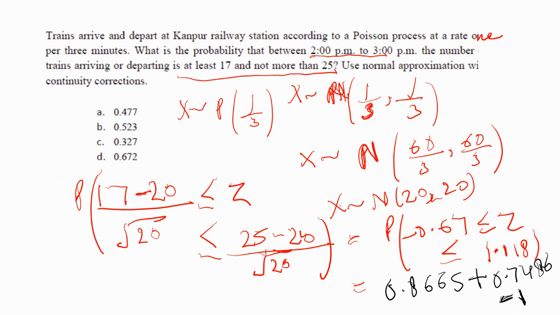So that one will be 0.8665 plus 0.7486 minus 1, which will be 0.6 something. So it will be around 0.6. So this will be this.